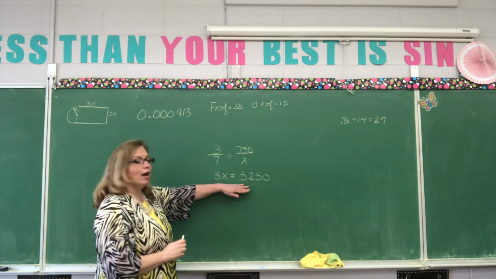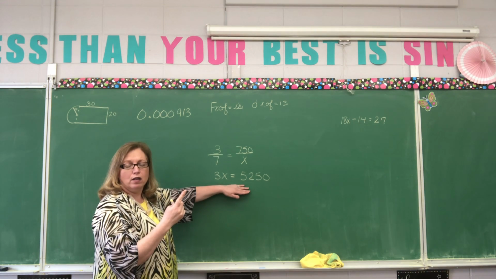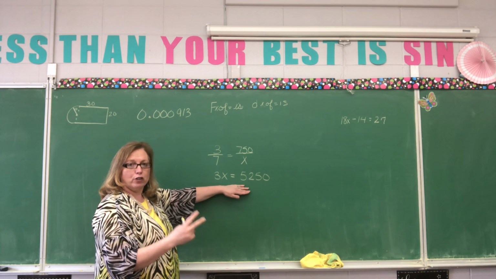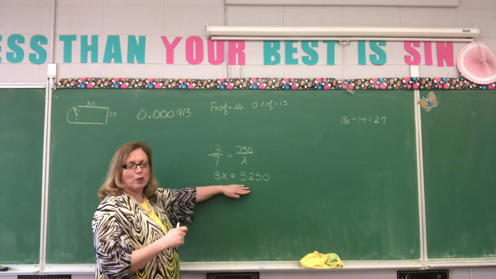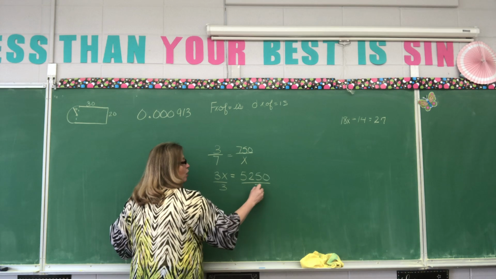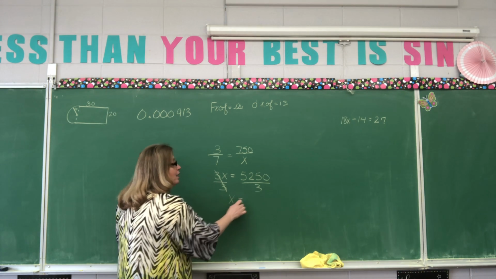Now, we know how to solve this equation because there are two rules to solve an equation. One, do the opposite of what the equation says. Number two, whatever you do on the left, you must do on the right. So we're going to divide by 3 on both sides. This cancels, leaving us an X.